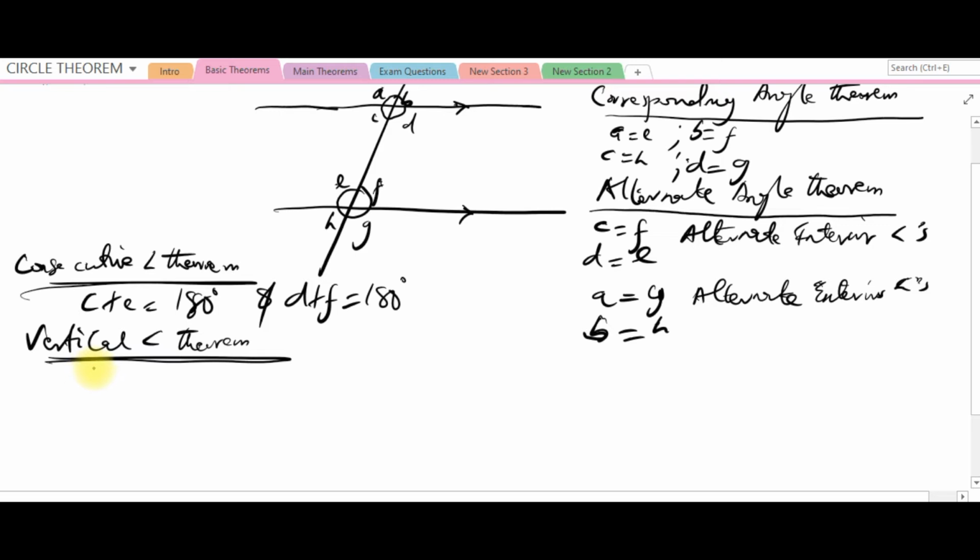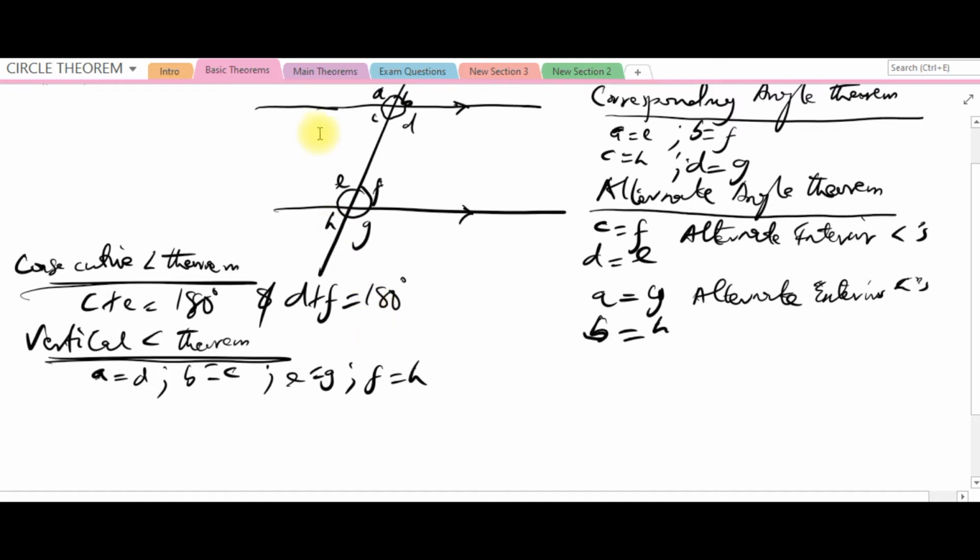So we are saying that A must be equal to D, B must be equal to C, E must be equal to G, F must be equal to H. That's our vertical angle theorem.